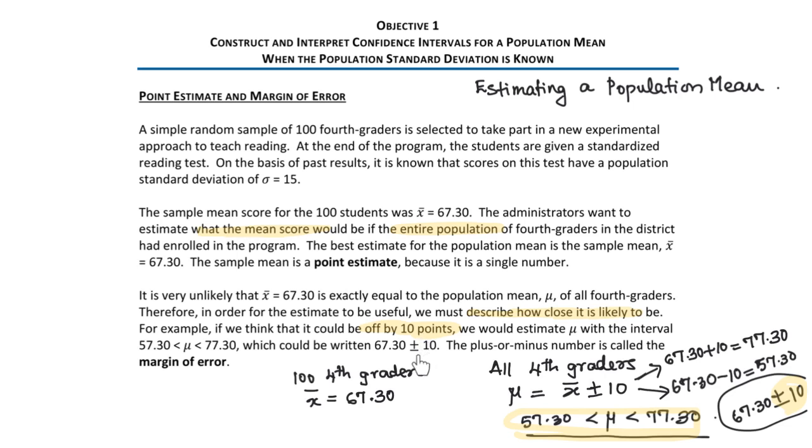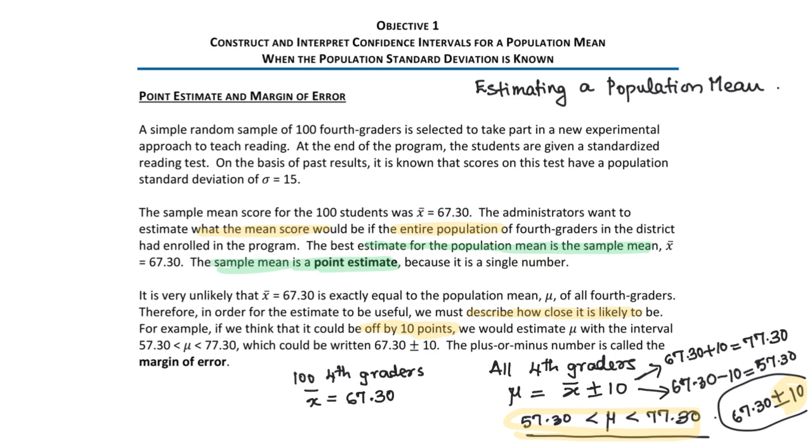Plus or minus means we are adding and subtracting a number from the mean, and that number is called the margin of error. The best estimate for the population mean is the sample mean, and the sample mean is the point estimate. We add and subtract the margin of error from the point estimate to find the interval.